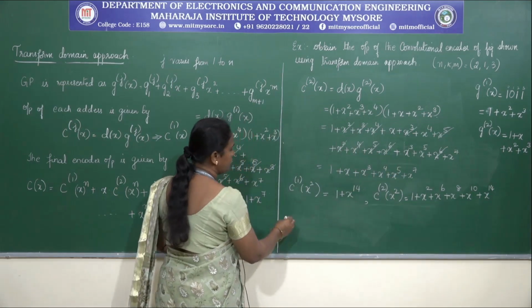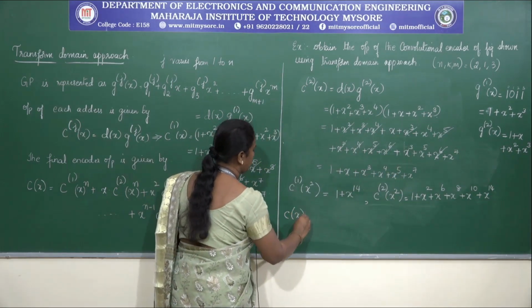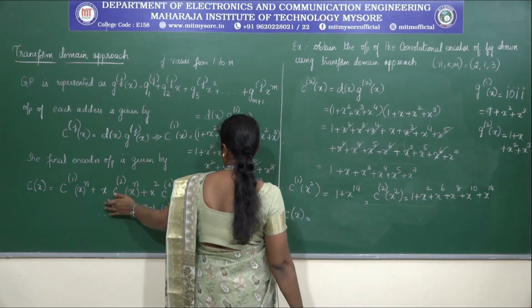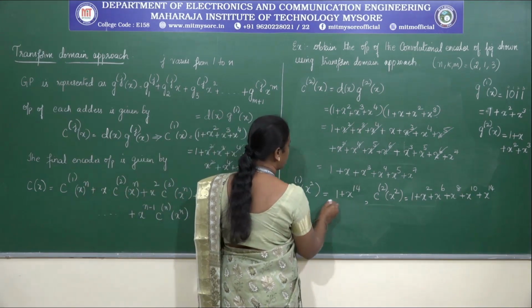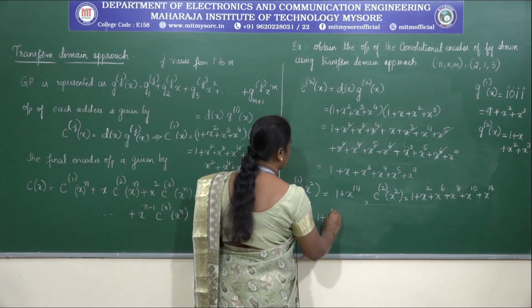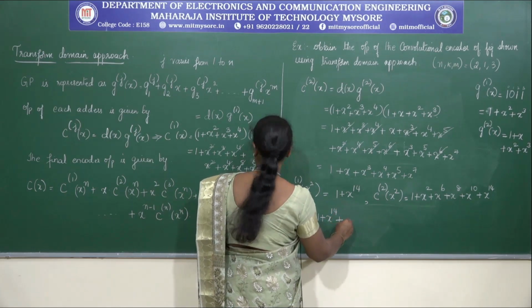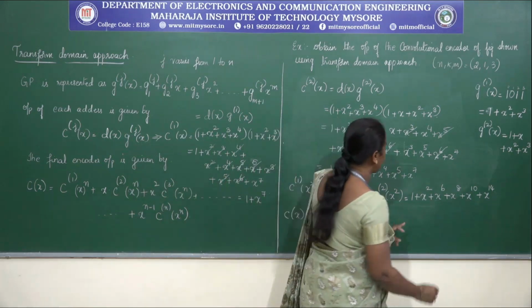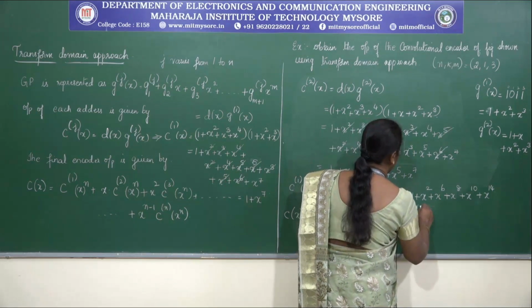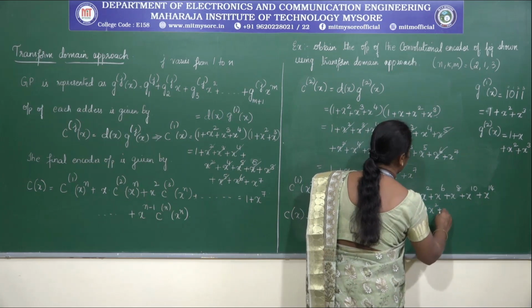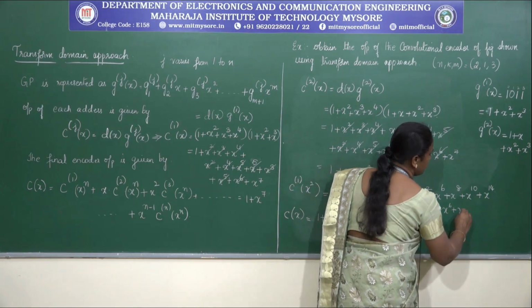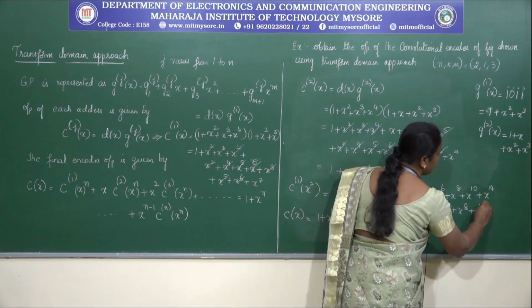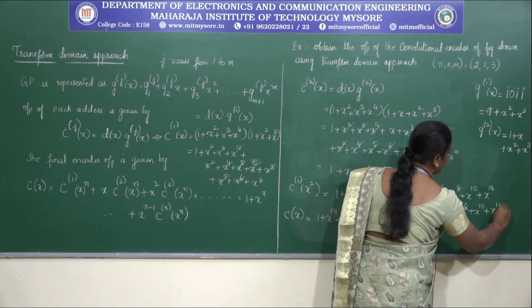So finally we need to write what is your c of x. So c of x is equal to c1 into x power n. So it is 1 plus x to the power of 14 plus we have one extra polynomial which has to be multiplied with respect to c of 2. So it is x into 1 plus x square plus x6 plus x8 plus x10 plus x14.